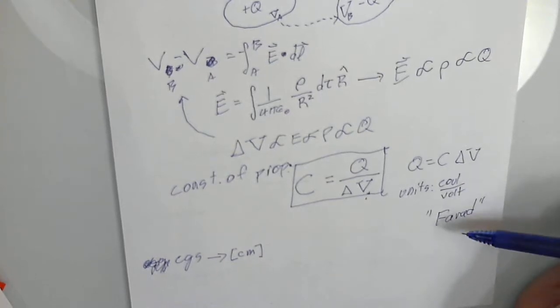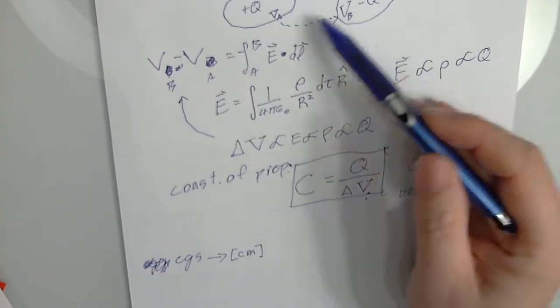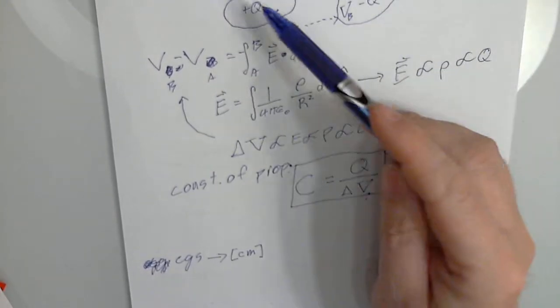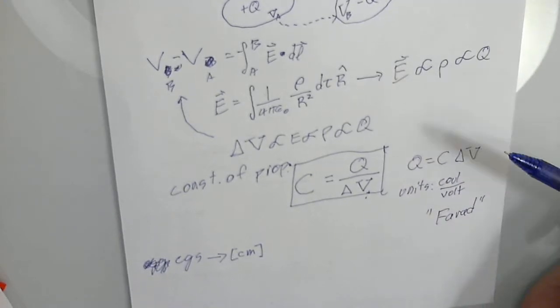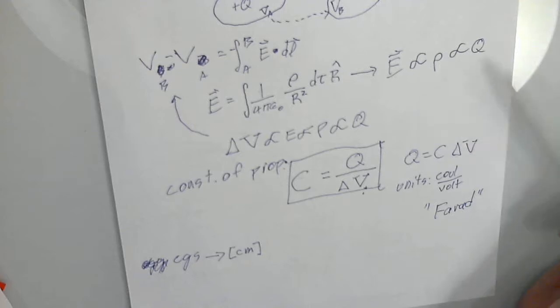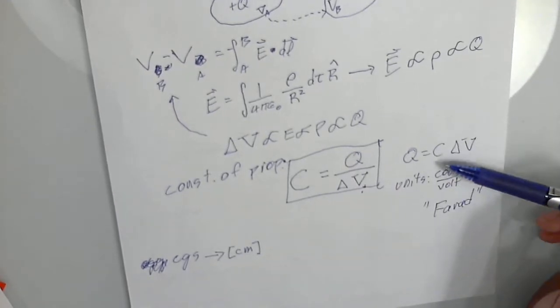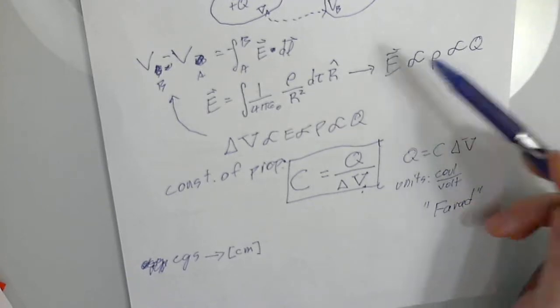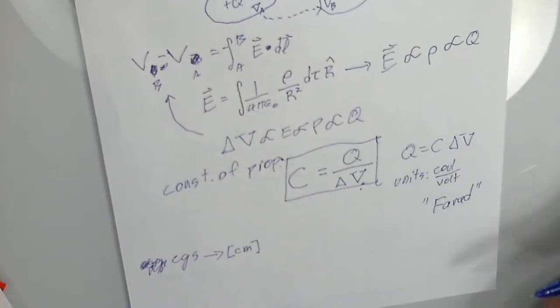And one of the uses of these capacitors is to store charge. So you can have charge moved from here to here, keep creating a reservoir of charge on this object, just in case you should need it. And so when we talk about capacitance, this constant C is a measure of the capacity of this system and how much charge you can store when you add a particular amount of voltage to the device.